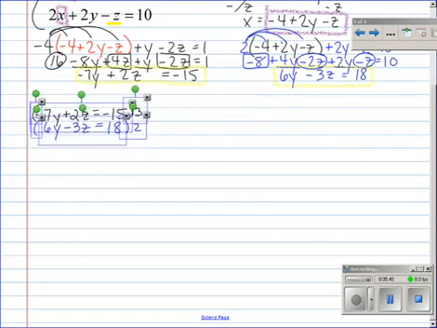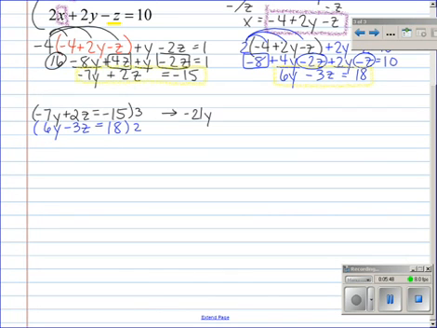So this new equation would be negative 21y plus 6z equals negative 45. I multiplied everything by 3. The bottom equation would be 12y minus 6z equals 36. From here, because the z's have opposite coefficients, we could add everything.